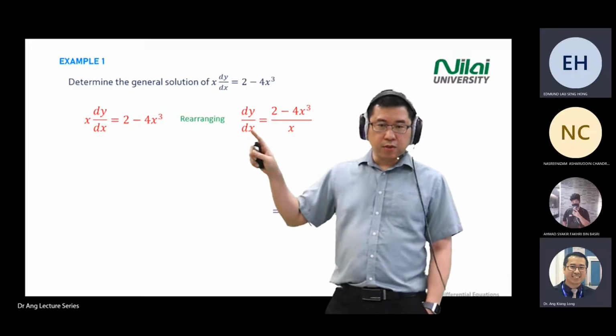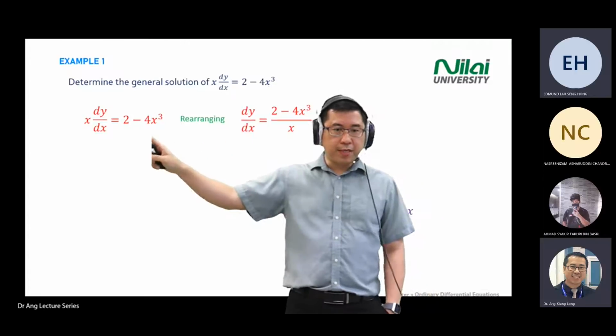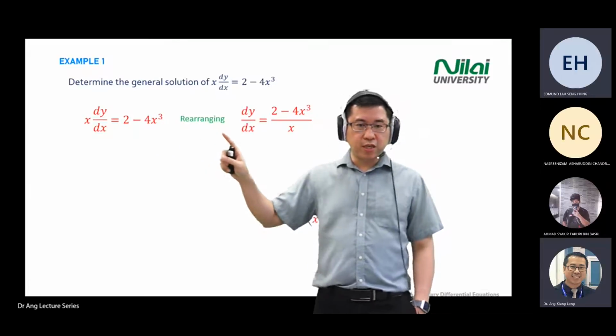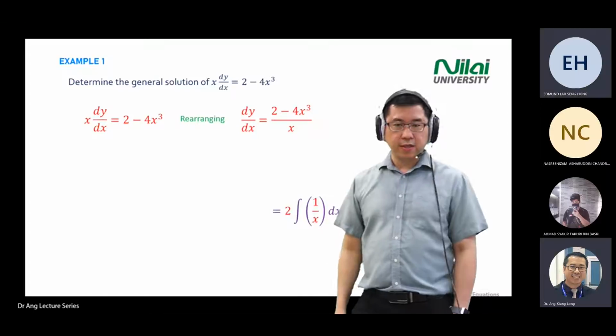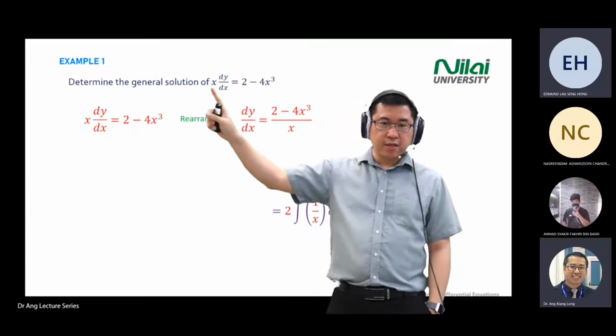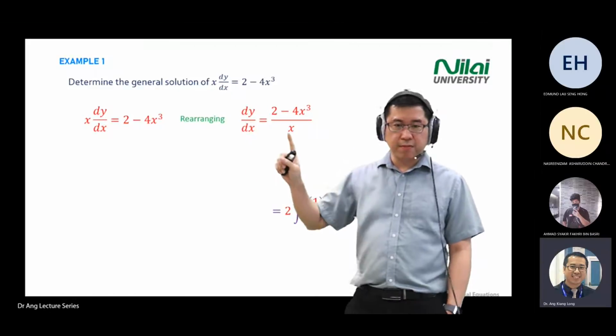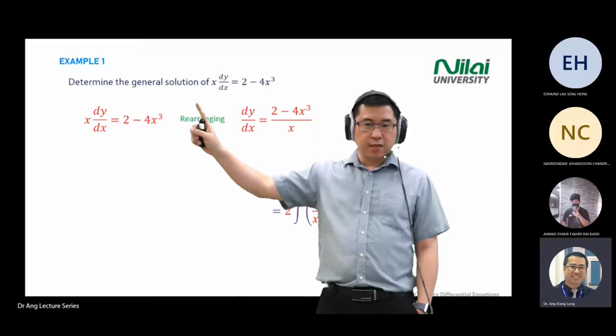Okay, so what I'm asking is to rewrite this equation in dy dx. You take x, which is a multiplier, so to remove x from the left-hand side, you just divide from left to right.